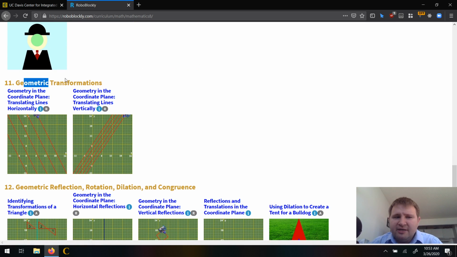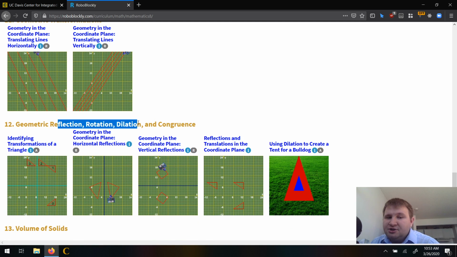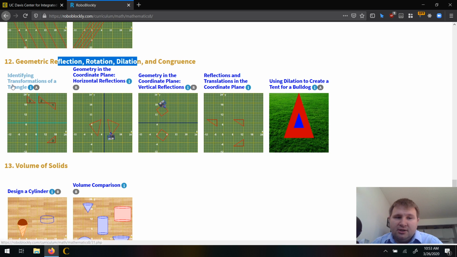Then we get into some geometric transformations, so translating lines horizontally or starting to translate them vertically instead. We go into reflection, rotation, dilation, congruence. So we actually have the students start to draw these shapes and then mirror the shapes across maybe the y-axis or across some line, and start to really get a hands-on working example with this, because they're actively programming the robots to move through these different shapes here.